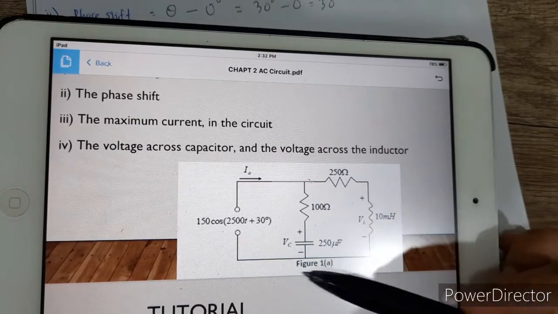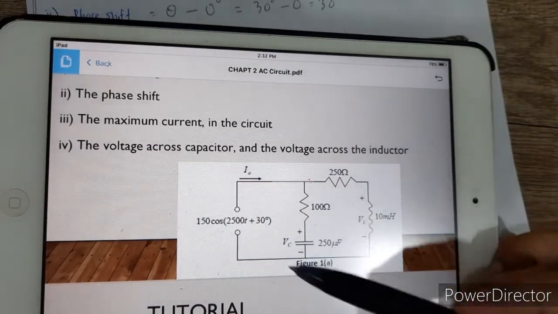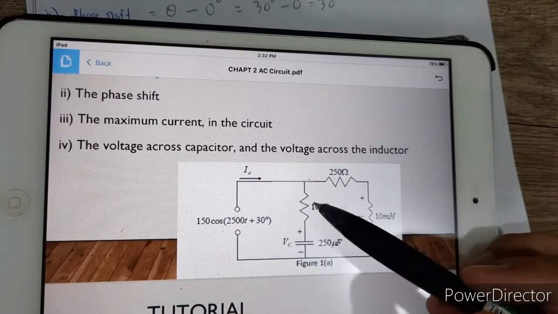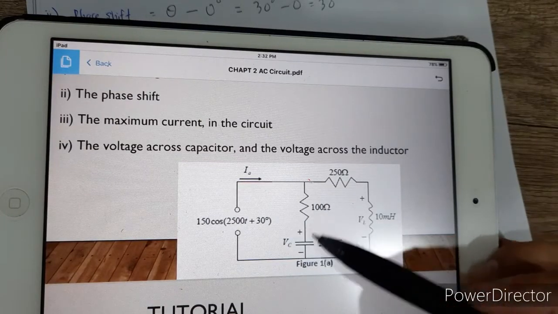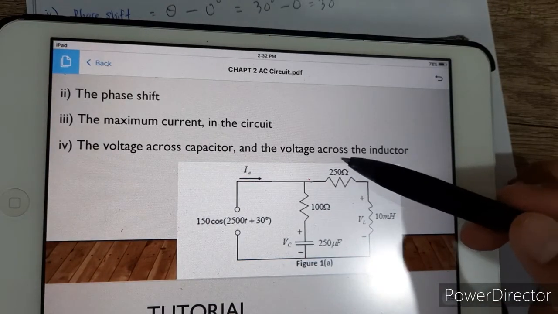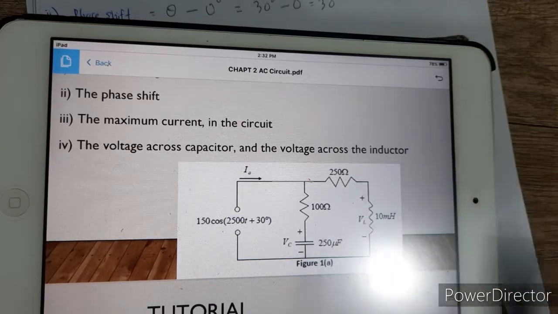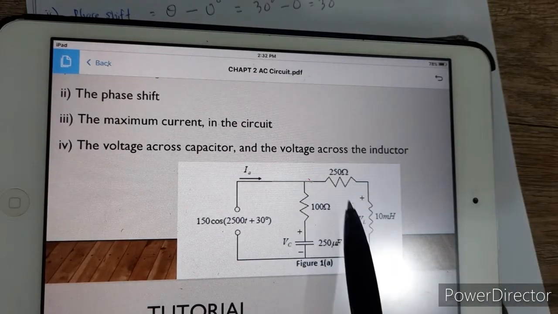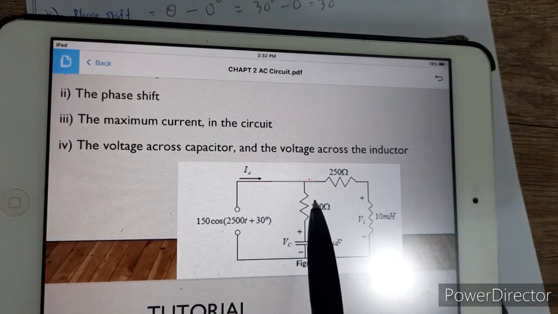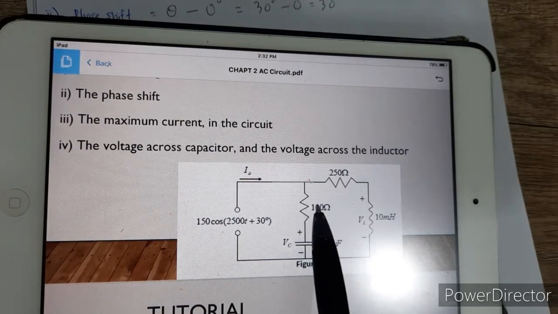So we have one junction here and then another junction over here. Let's assume this one is Z1, which consists of 100 ohm and XC, and then Z2 is 250 ohm plus jXL. The connection of Z1 and Z2 is parallel.